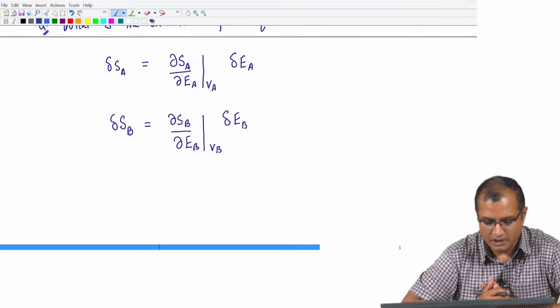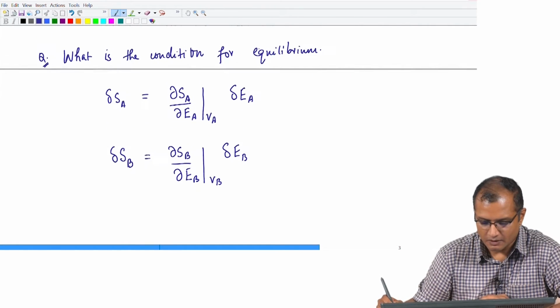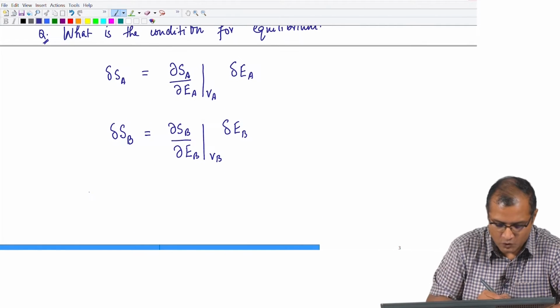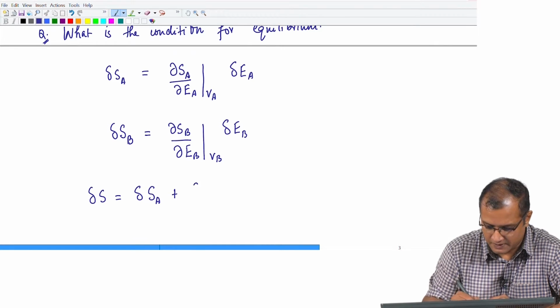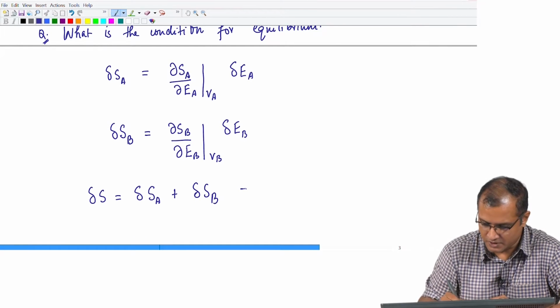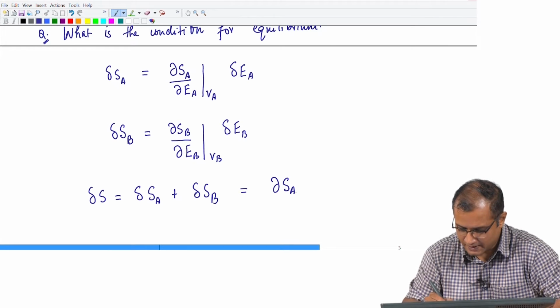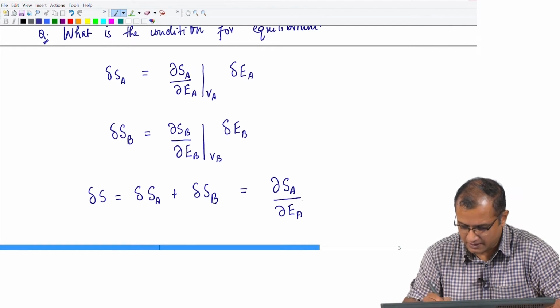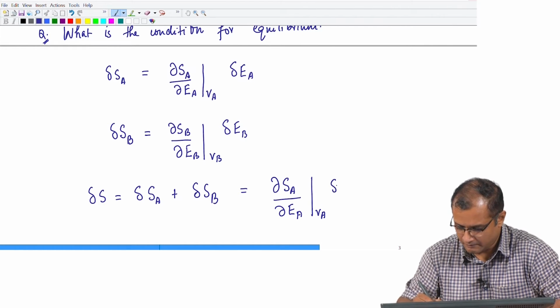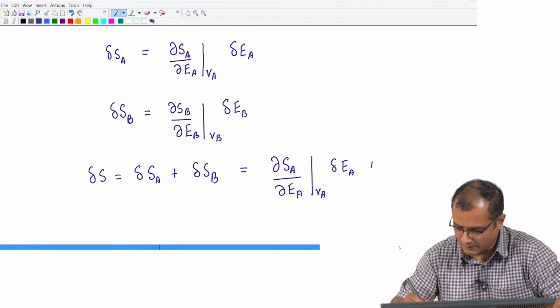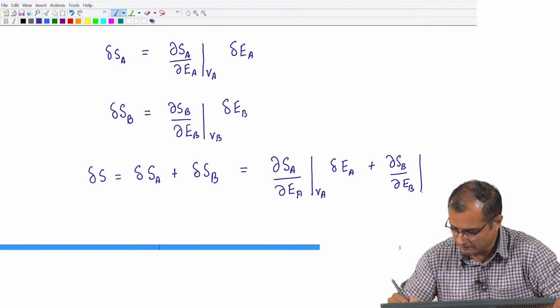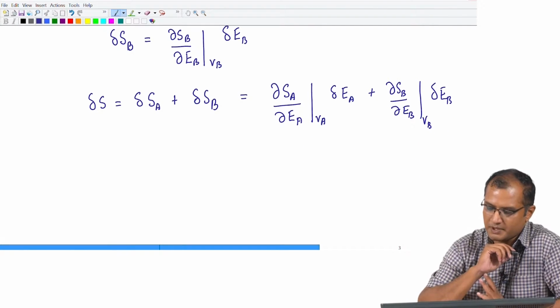The overall change in entropy would be nothing but delta S_A plus delta S_B, which is delta S_A upon delta E_A plus the corresponding term for B. This is the overall change in entropy.